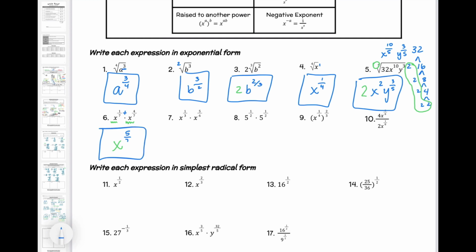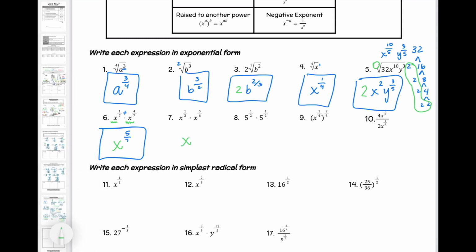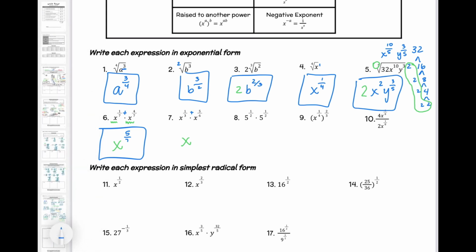So we're going to do the same thing for the next one. We still have a base of x. Now we need to add the exponents. But this time they don't have a common denominator, so we need to get a common denominator first. So we're going to multiply this first fraction by 2, so we're going to have 2 over 6. Then we're going to have x to the 5 over 6.